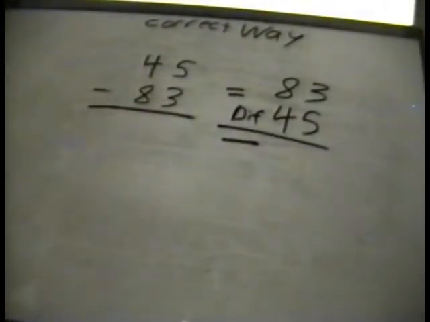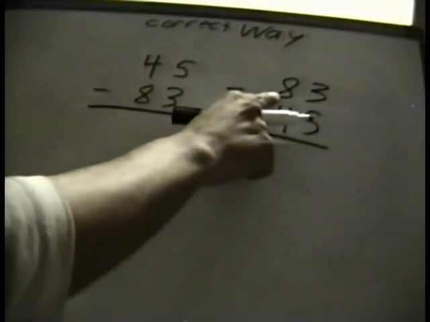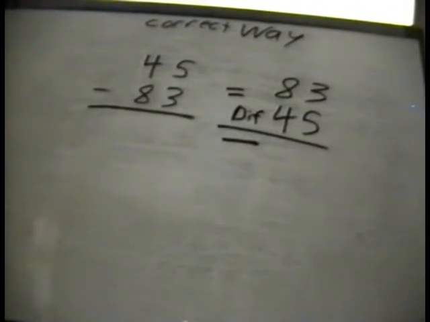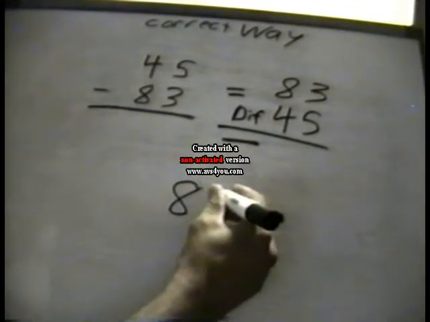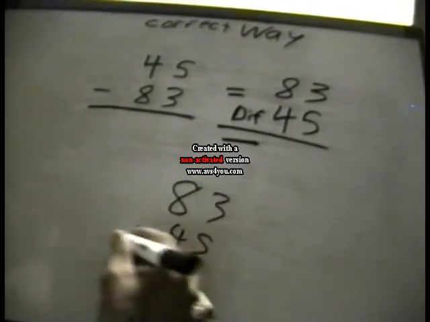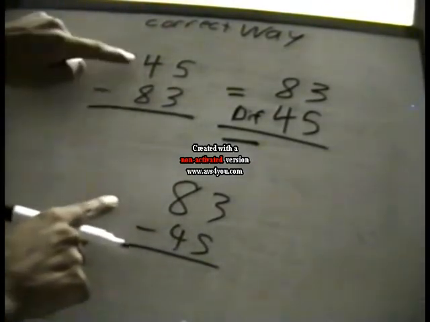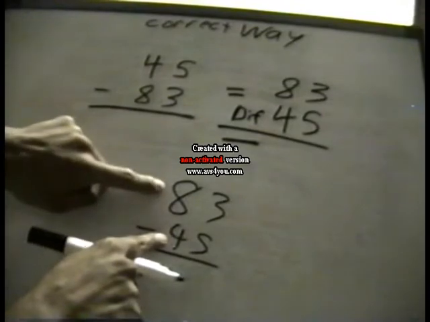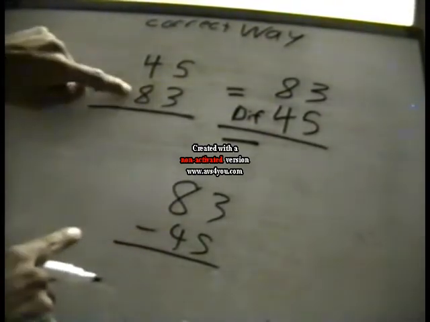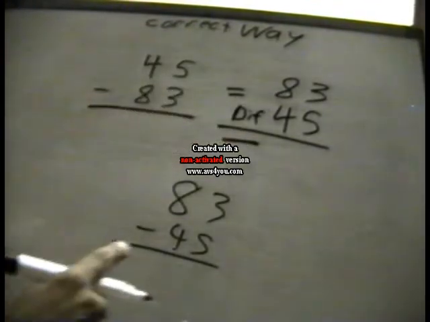So we're taking the difference between 83 and 45. Or basically we're subtracting 45 from 83. But we don't write 83 minus 45 because that's different from what I started with. That's not true. We're not subtracting 45 from 83. We're subtracting 83 from 45.